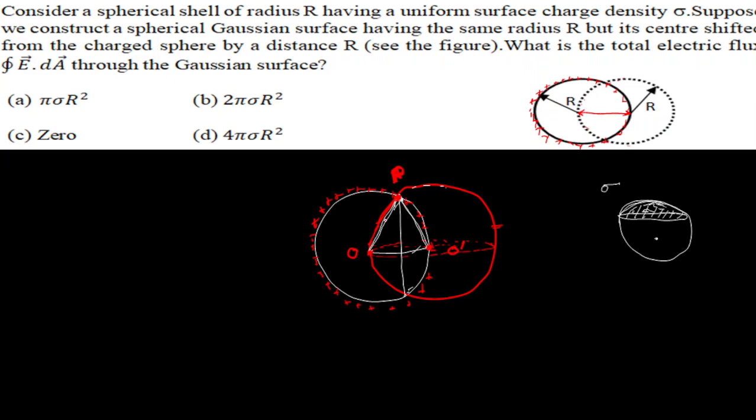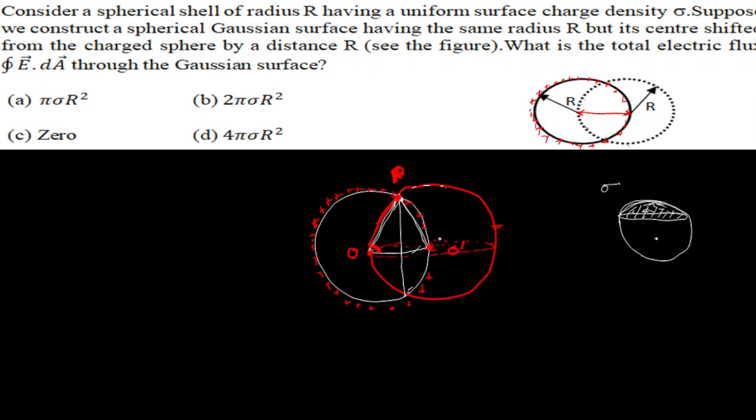It is also R. This is a point on the surface of the sphere from the origin, so it will also be R, and the distance of the point P from O dash will also be R. So it's actually an equilateral triangle. Then what will be this angle? This angle will be 60 degrees.